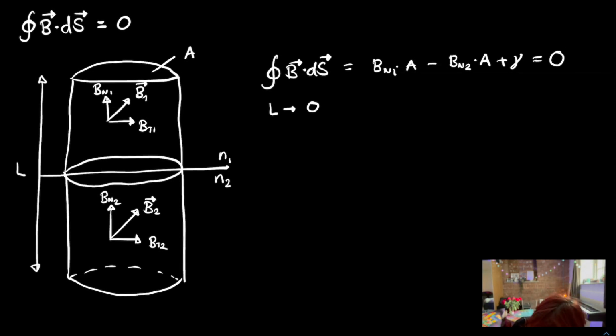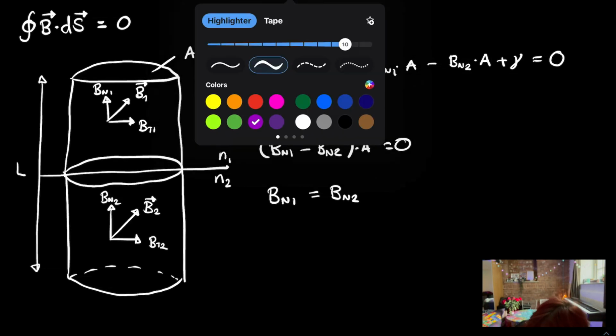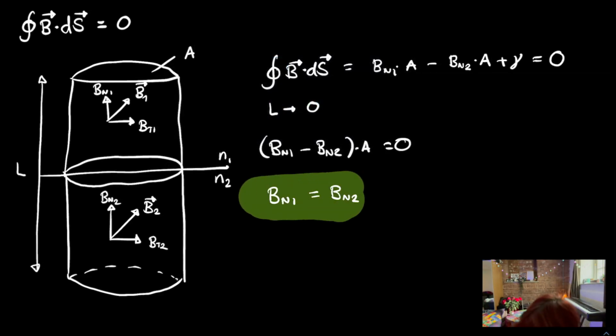So in the limiting case, we get (Bn1 minus Bn2), multiplied by the area, is equal to 0. And thereafter, we get to our third boundary condition, where we find that Bn1 is equal to Bn2. So there is our result for the B field.